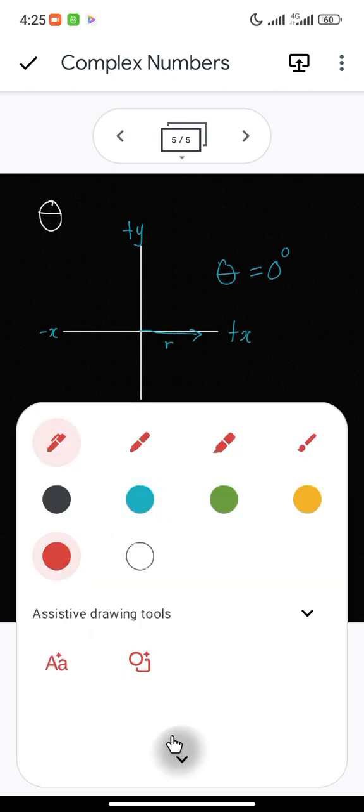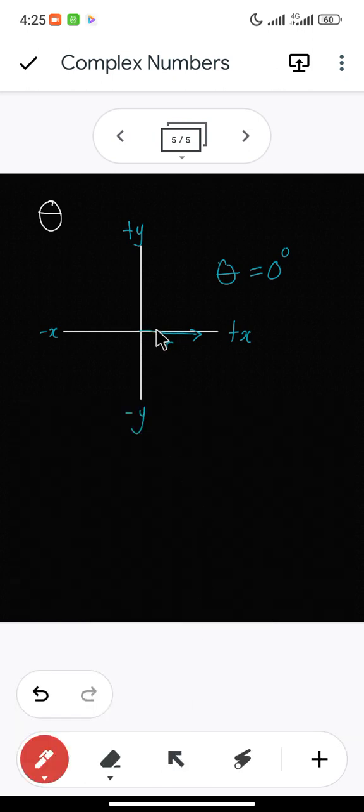Another person can decide to go all the way around, start from x, move to get to x. The person can say theta is equal to 360 degrees. This is still valid. Either this or this, both of them are valid. So we're going to take some examples to try to understand this properly.